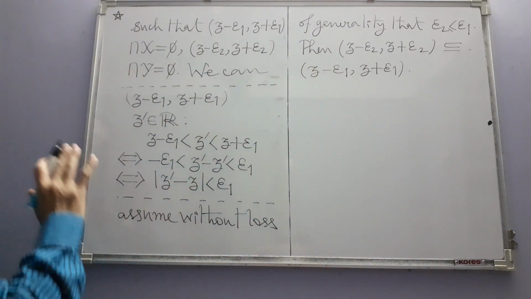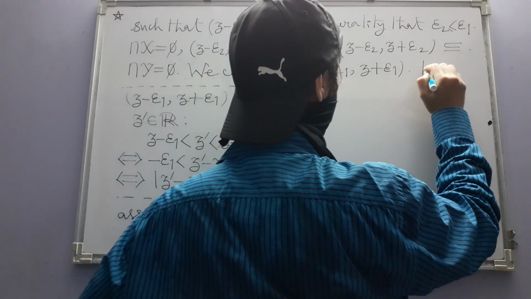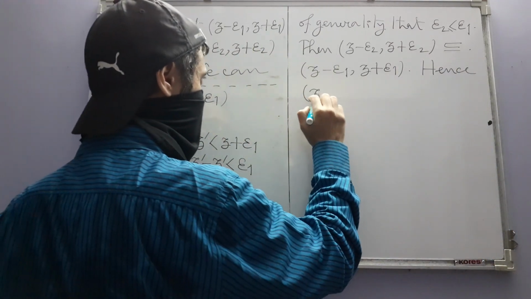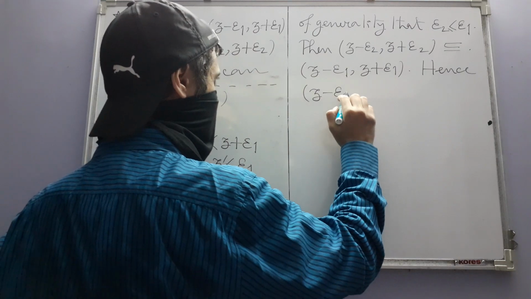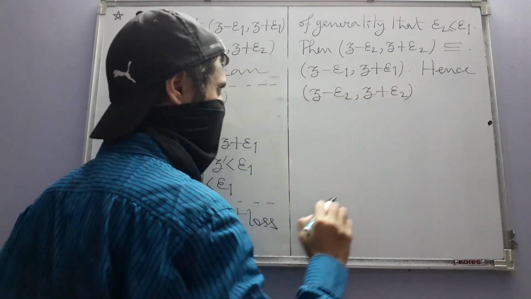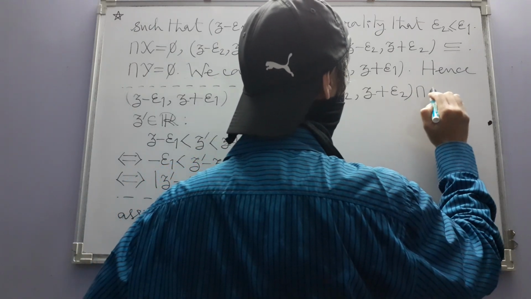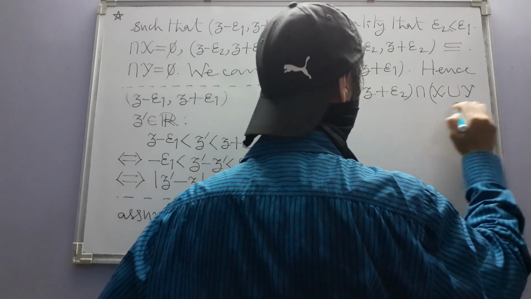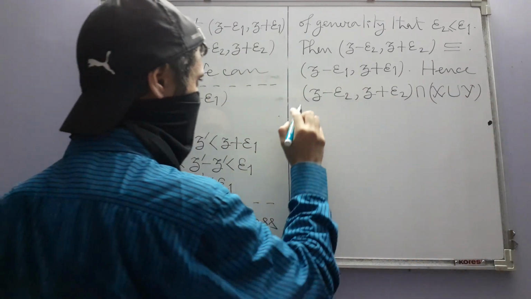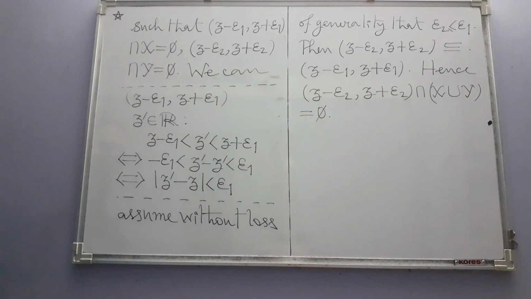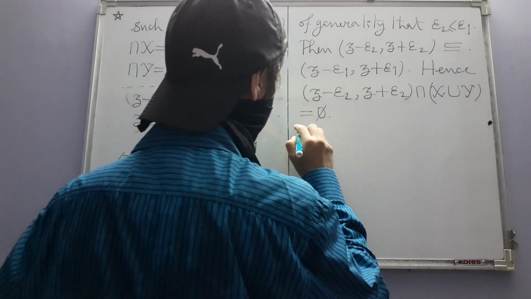And because of this, this is disjoint with X union Y. Do you see how?